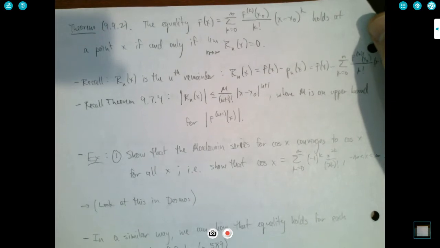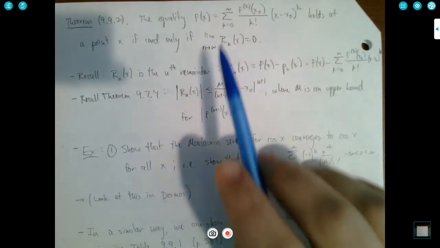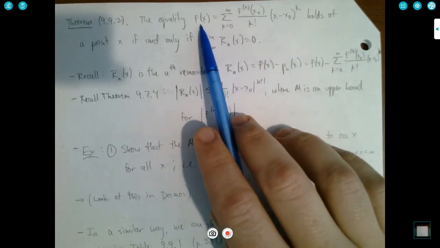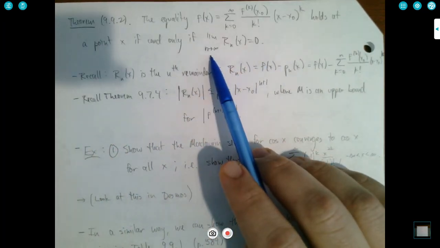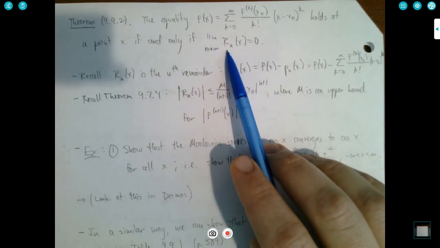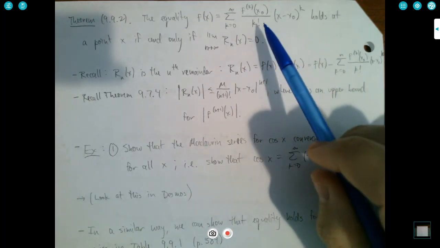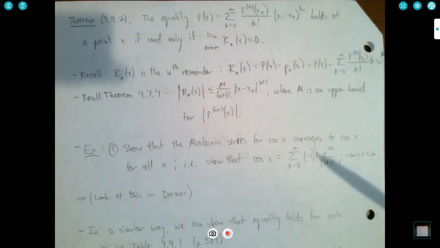And so this is theorem 9.9.2 from your textbook. It turns out that this series is going to converge to f of x, so this equality holds at a point x, if and only if the limit as n approaches infinity of the remainder is equal to 0. So if the remainder goes to 0, then we can conclude that this series equals the function that it's supposed to represent.